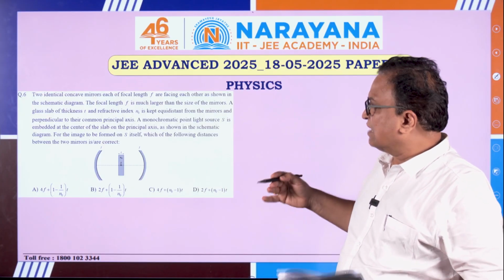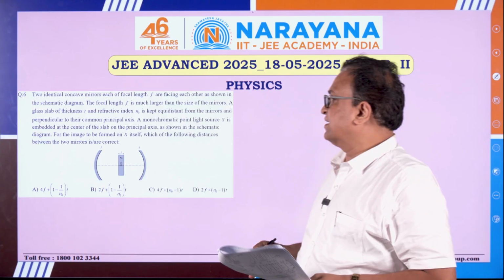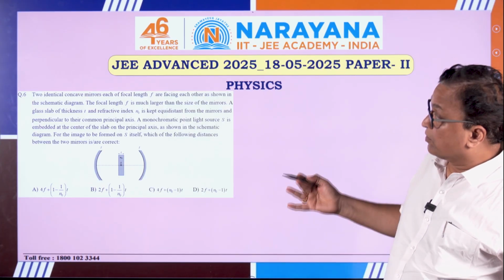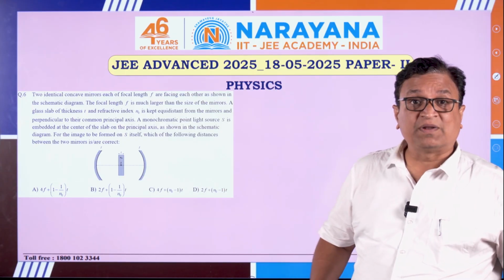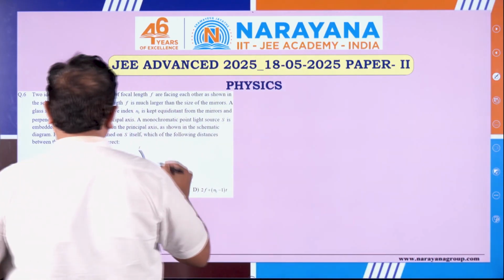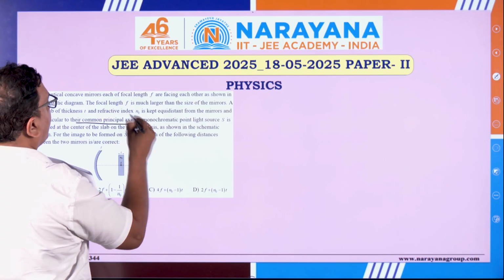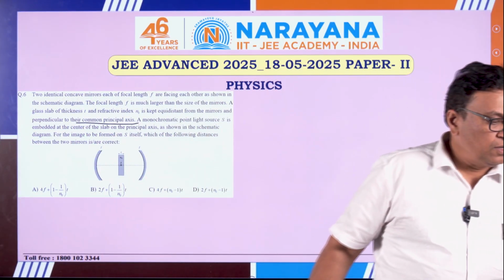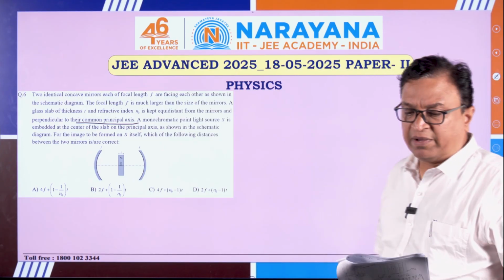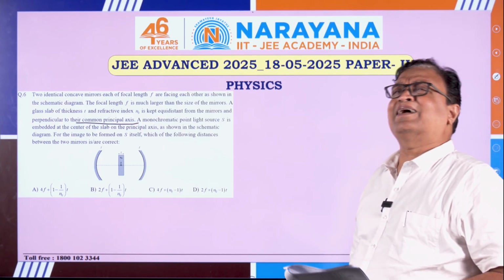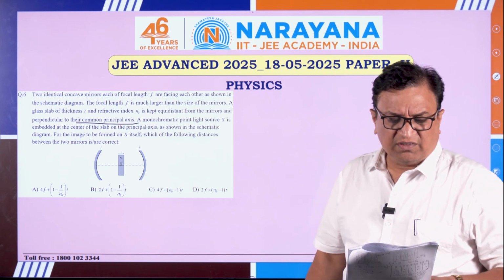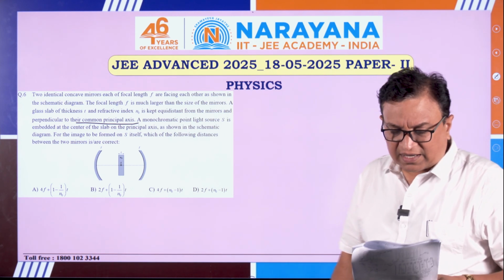A glass slab of thickness T and refractive index N0 is kept equidistant from the mirrors and perpendicular to their common principal axis. A monochromatic point light source is embedded at the center of the slab, you can treat that as your object. Which of the following distances between the two mirrors are correct?